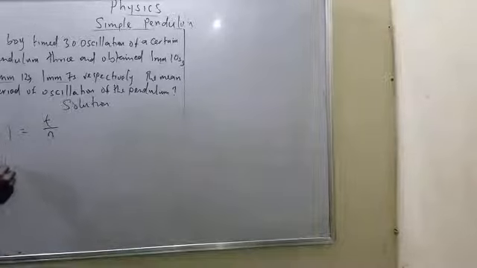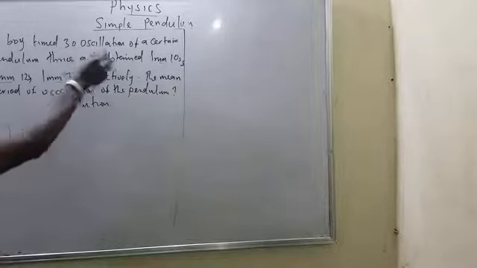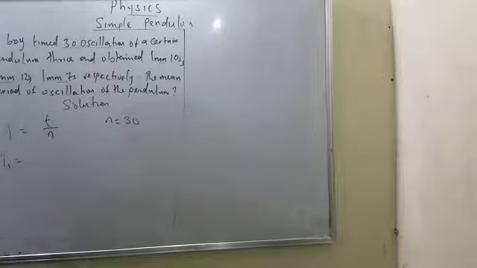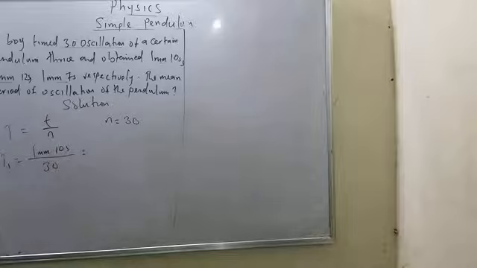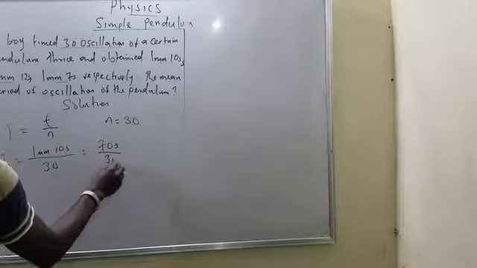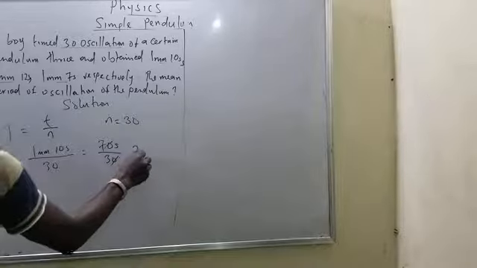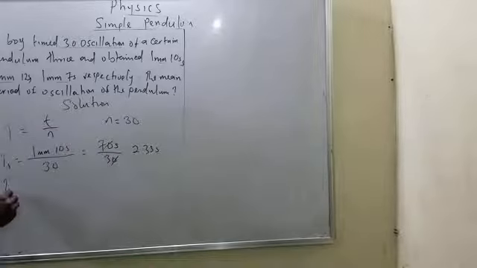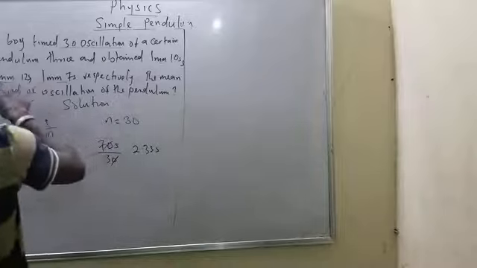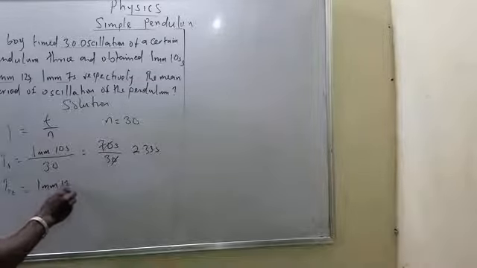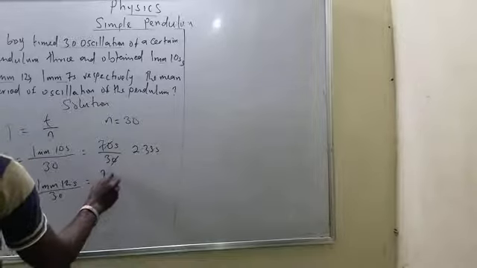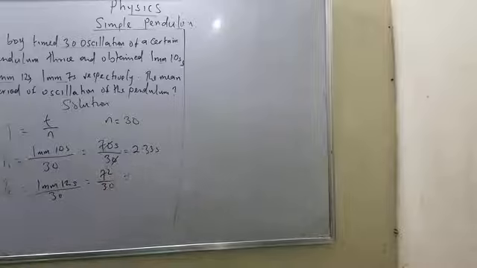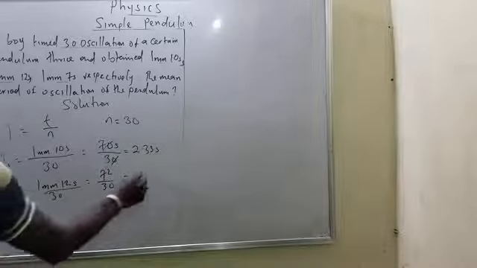For period 1, we are talking about 30 oscillations, so n equals 30. T1 is 1 minute 10 seconds divided by 30. I convert this to seconds: 70 seconds divided by 30, which is 2.33 seconds. Now T2, period 2, is 1 minute 12 seconds divided by 30 oscillations, which is 72 over 30, and with my calculator that is 2.4 seconds.